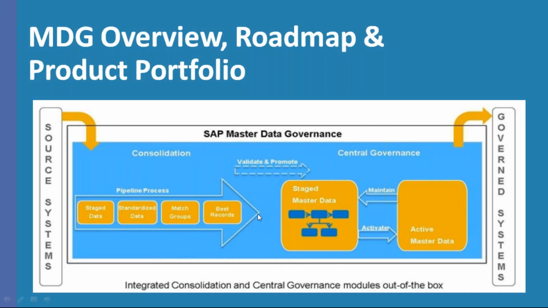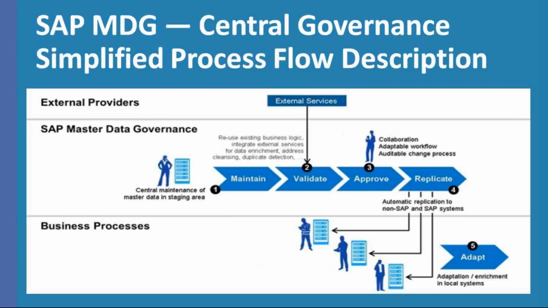Then it goes through certain approval levels and governance activity, and finally the data gets activated and stored in the respective database table, and at the same time goes to the target system. So this is the whole integrated architectural approach.